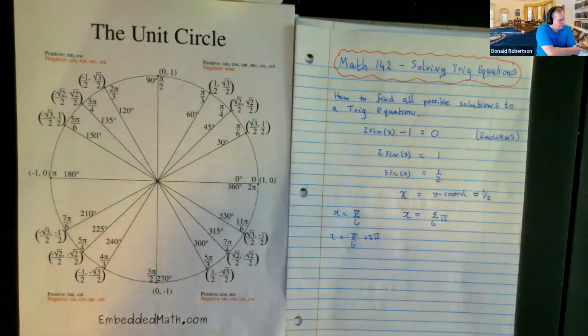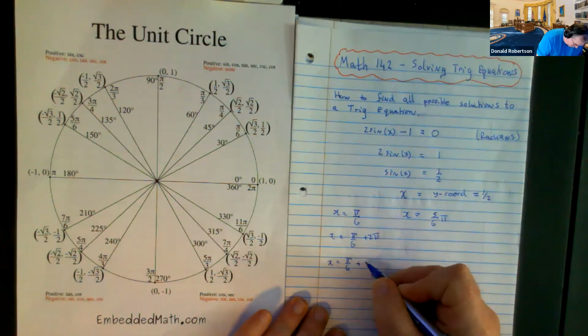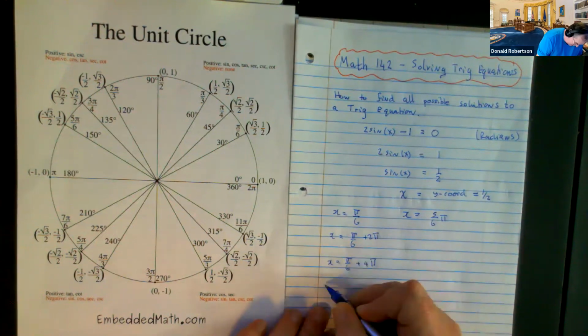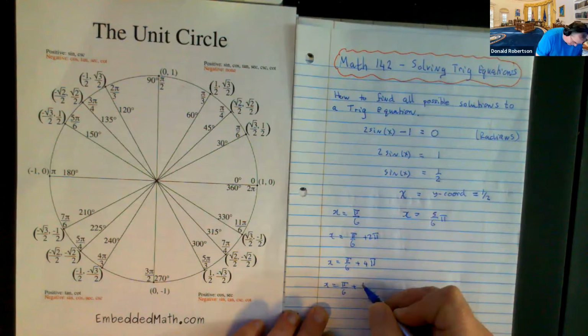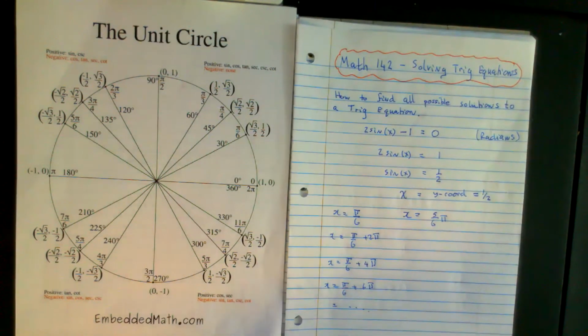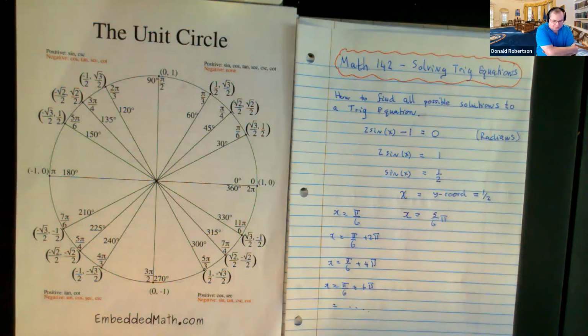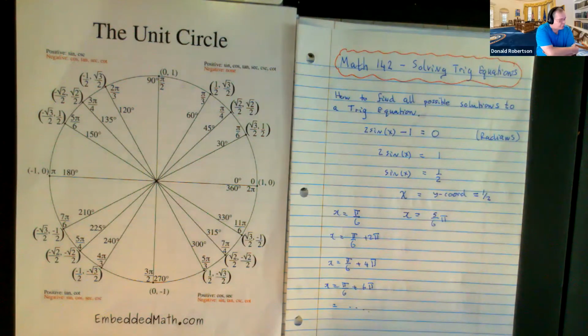When you get back to the same place. And couldn't you do pi upon 6 plus 4 pi? And pi upon 6 plus 6 pi? In fact, can you do that forever? Would it just be pi upon 6 plus 2 pi x? Very close. We just don't use the letter x, but apart from that, bang on.